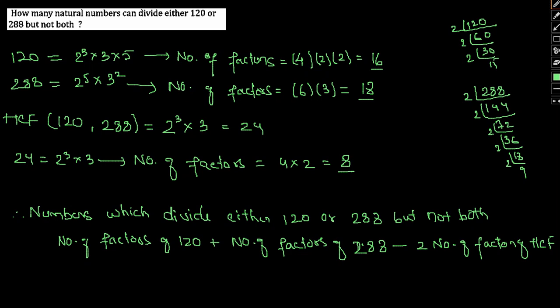Why 2? Because we will be eliminating the entire common part, and one of the common part is included in 120 and the other common part will be included in 288.